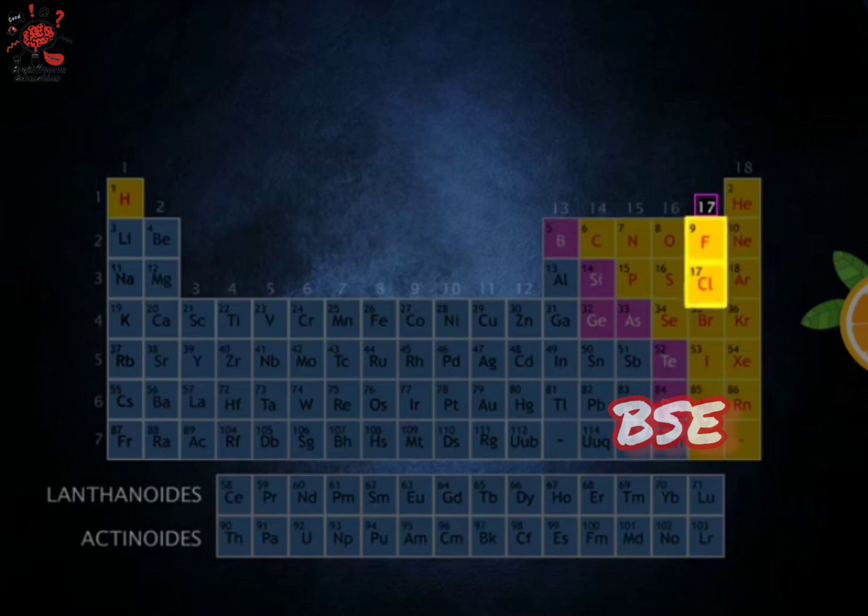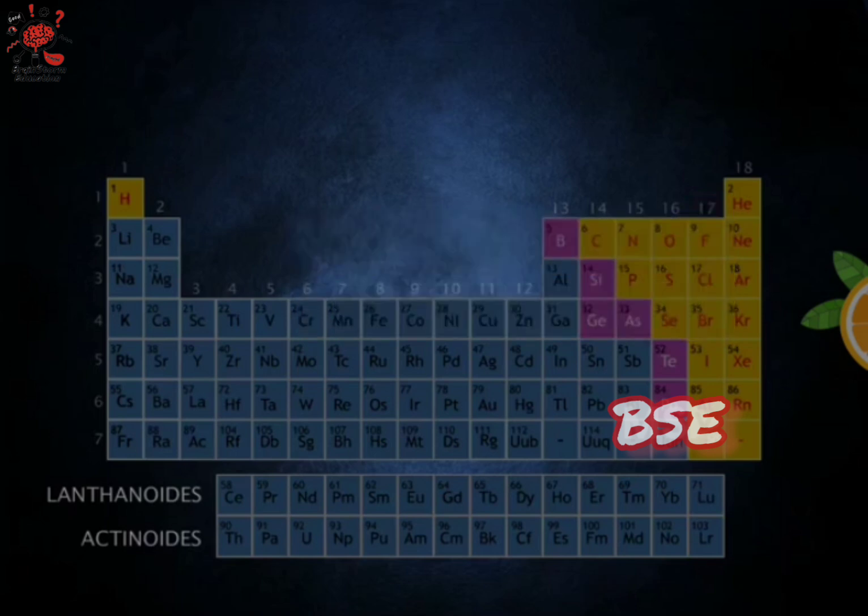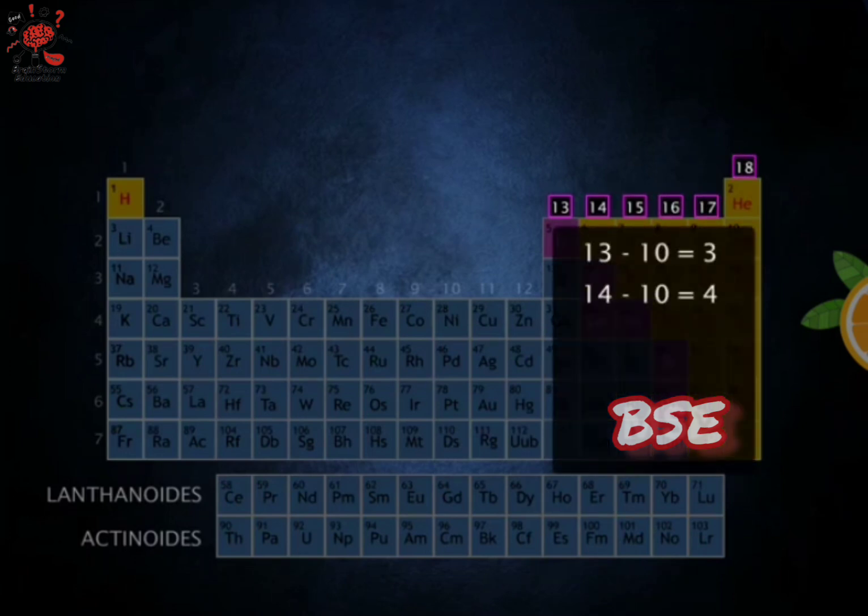The elements fluorine and chlorine each have 7 valence electrons. For elements belonging to the groups 13 to 18, the number of valence electrons is equal to the group number minus 10.